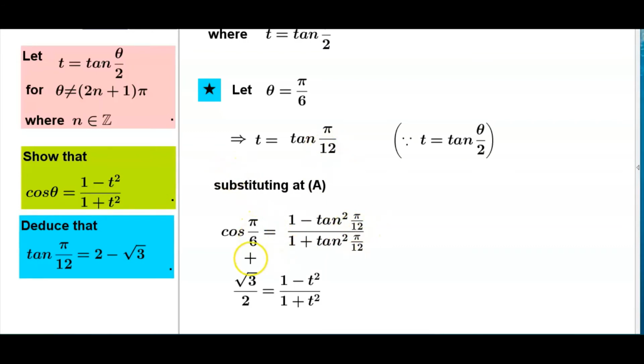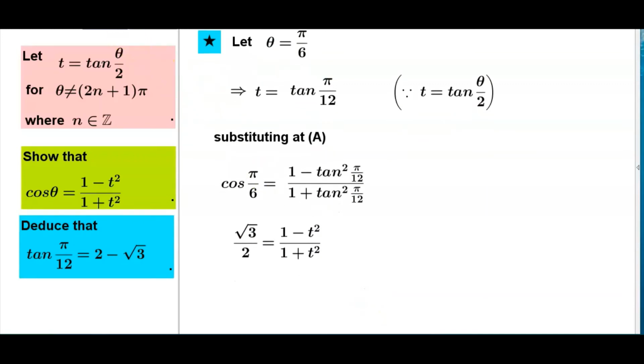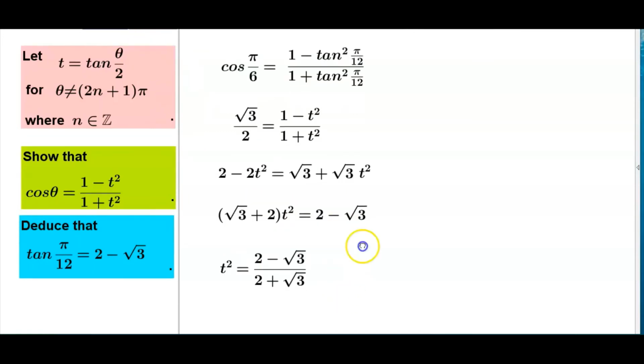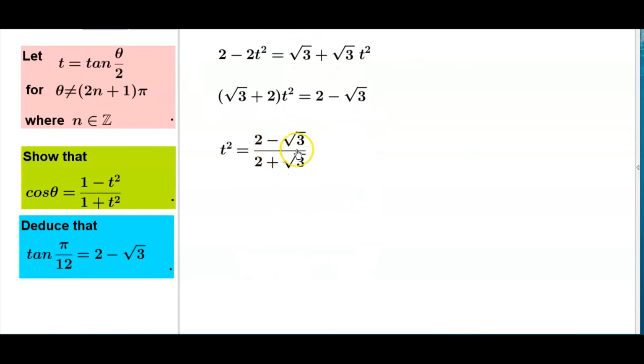Therefore, cos pi by 6, which we know is root 3 by 2, is equal to (1 minus t squared) over (1 plus t squared). Cross multiplying, 2 minus 2t squared is equal to root 3 plus root 3 t squared. So (root 3 plus 2) times t squared is equal to 2 minus root 3. Therefore, t squared is equal to (2 minus root 3) over (2 plus root 3).